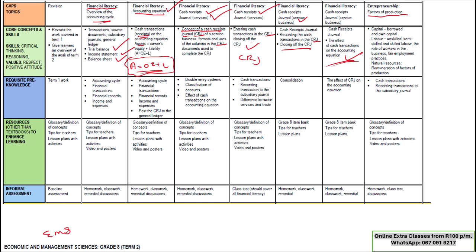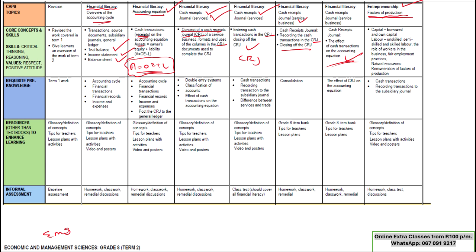Lastly, we moved to entrepreneurship, wherein we looked at the factors of production. Here we can see that we have capital as our factor of production, we have labor, and we also have natural resources. We are told that capital is borrowed and owned capital. For labor, we are looking at unskilled, semi-skilled, and skilled labor, as well as the role of workers in the business.